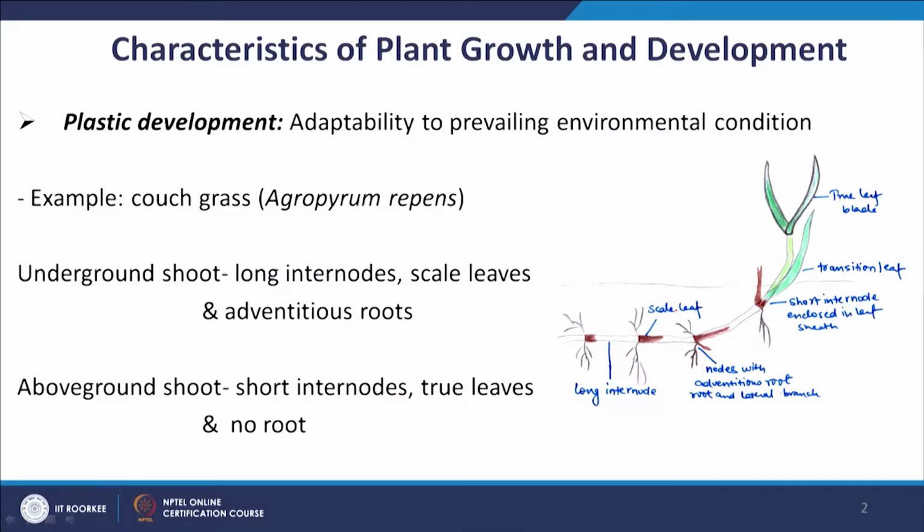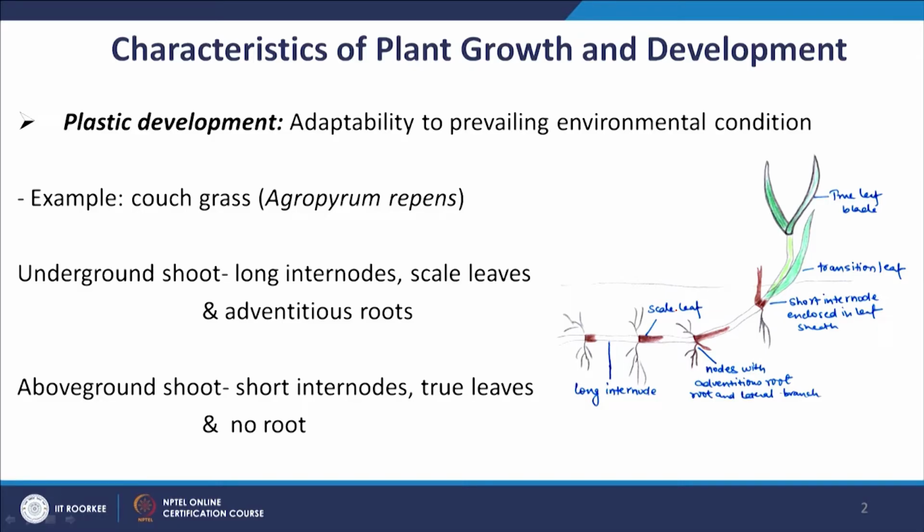Now we will continue this lecture on characteristics of plant growth and development. Another very important characteristic of plant development is plasticity. It is extremely important for plants, considering the fact that plants are sessile in nature.